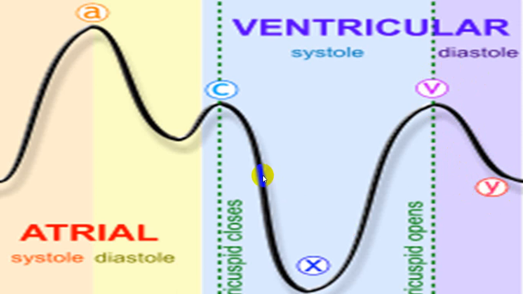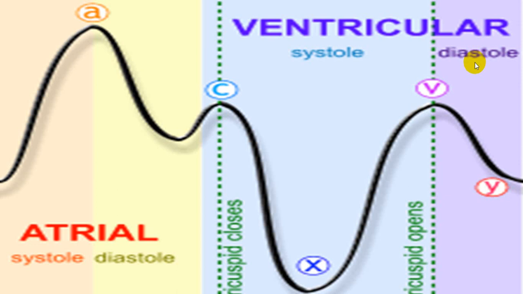So again, the X descent is because of the pressure fall in the right atrium due to atrial systole followed by atrial diastole. As soon as atrial diastole begins, there is a fall, what we call the X descent. And the Y descent is because the atrium is still in a diastolic period.